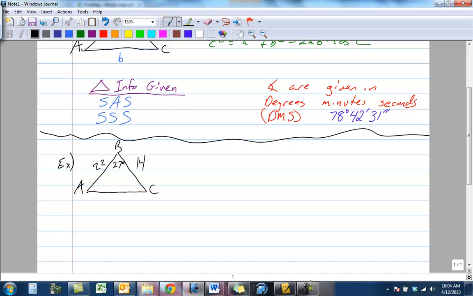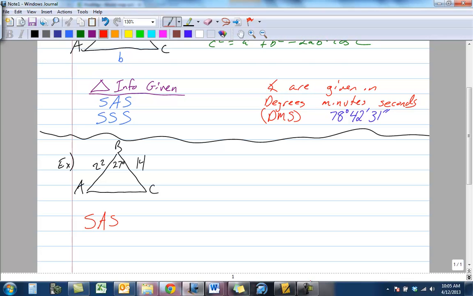All right, so this is the information that is given. What pattern is this? Last year in geometry, when you were proving triangles, there were patterns that we would use, and one of them was side, angle, side. Right, and that's what pattern this is. This is a side, angle, side triangle because we're given two sides and the angle between those two sides.